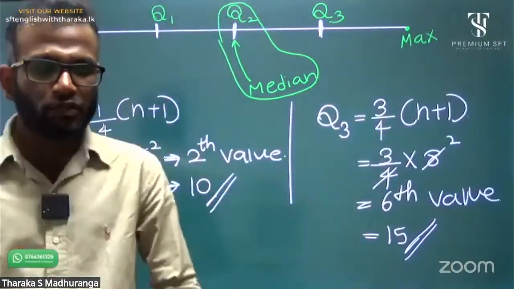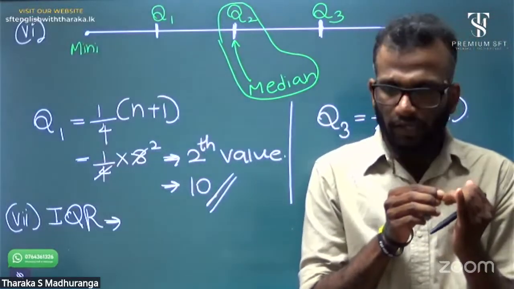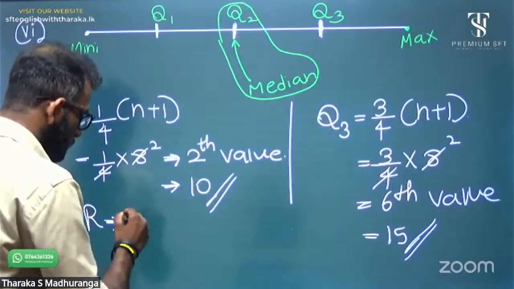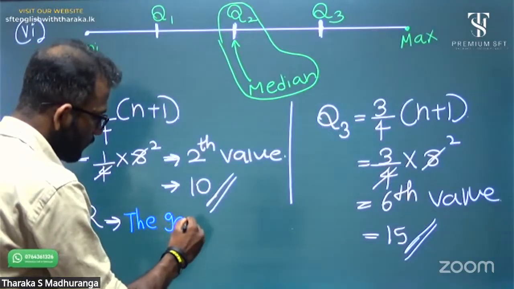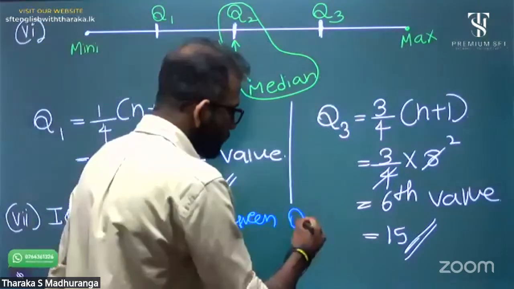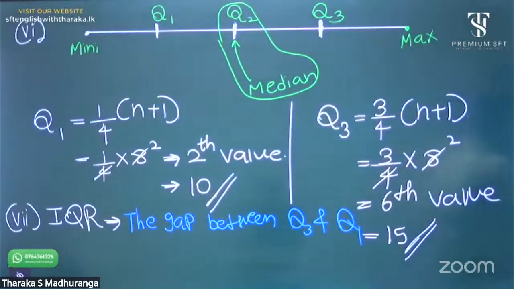The gap between the third quartile and the first quartile, Q1, is called the interquartile range, IQR. The gap between the third quartile and the first quartile is called the interquartile range.